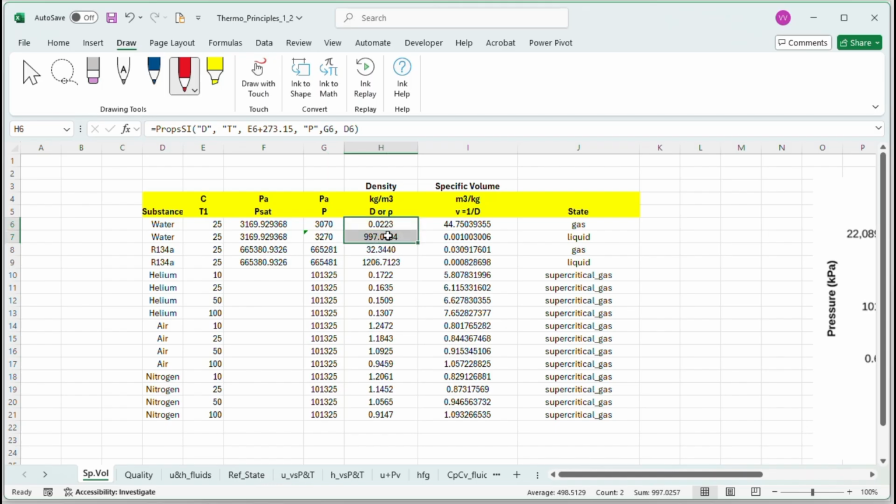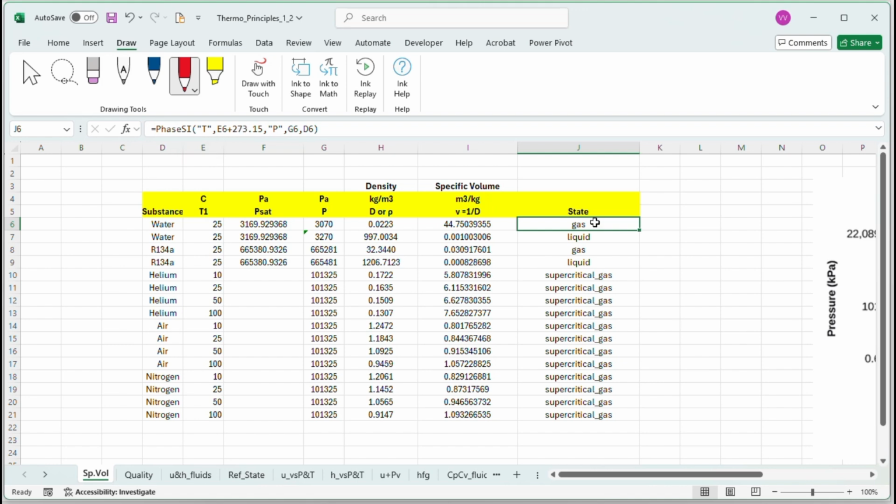In that case, the density is high. So you can see that the density is different in these two scenarios, right? So 1 over that is a specific volume. So the specific volume of gas is really high, and that of liquid is really low. You can verify the state of the fluid using the phase SI function.